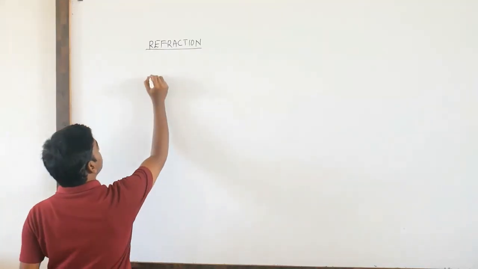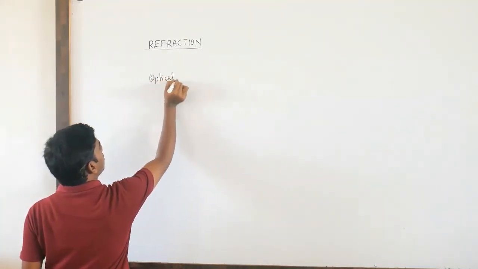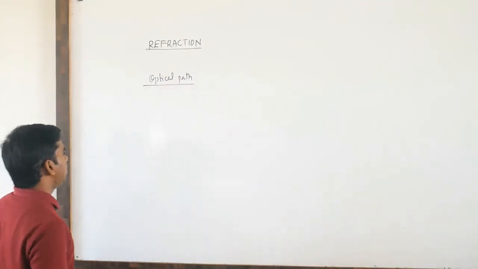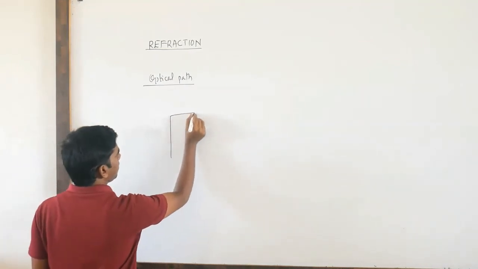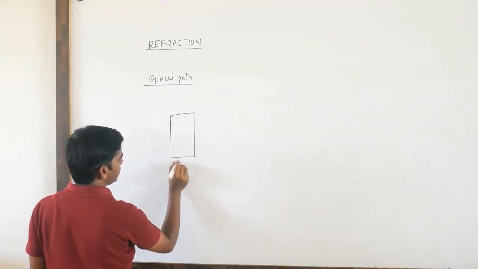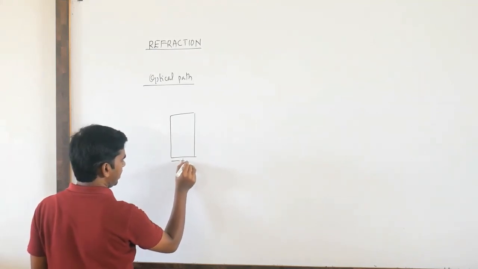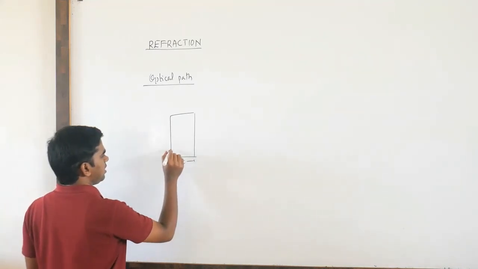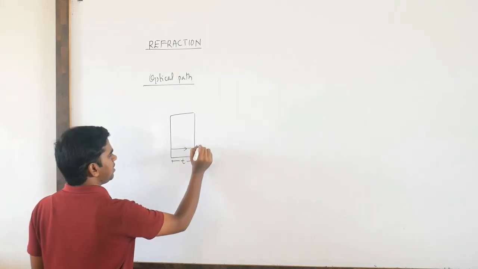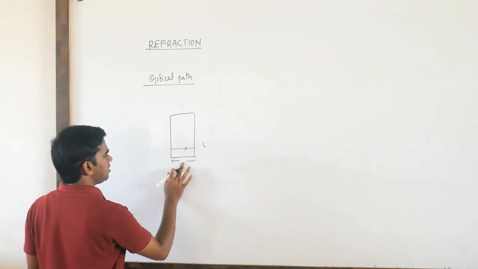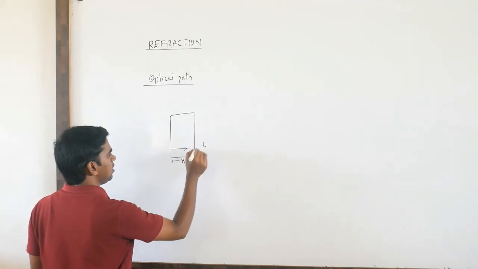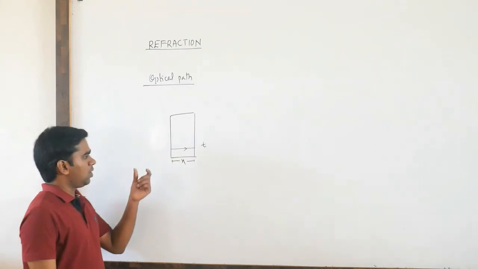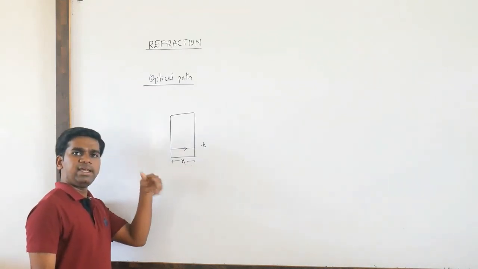There is one more concept called optical path length. What exactly is optical path? Suppose there is a medium. Say its thickness is x. If a ray of light travels through thickness x, it will take some time t. This x is the distance traveled by the light in the medium.